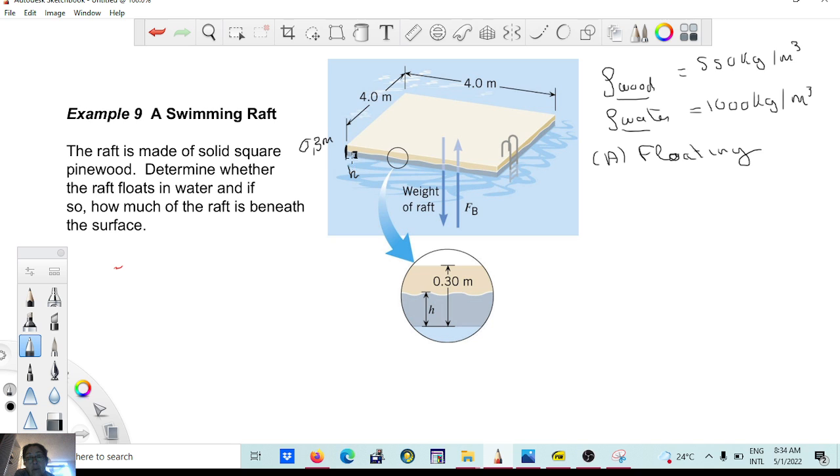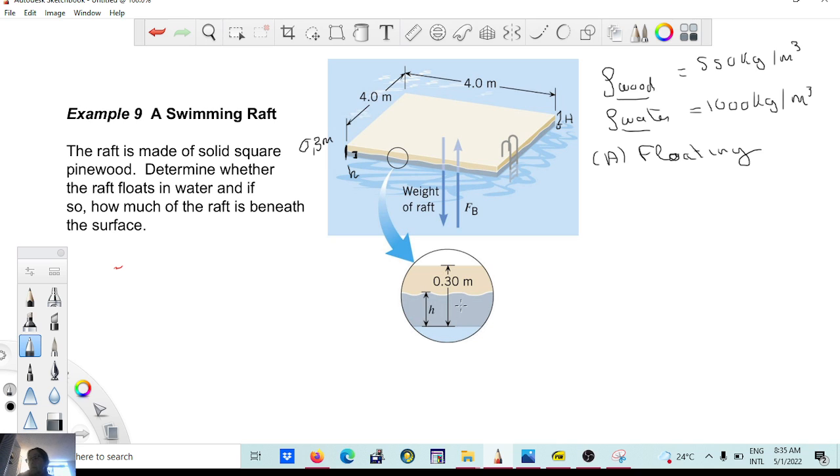We want to know how much of it is underneath the water. So it's a typical question because now we want an equation between the total height of the platform and the small height, which is underneath the water. Okay, so we want the ratio between that small height divided by that big height.